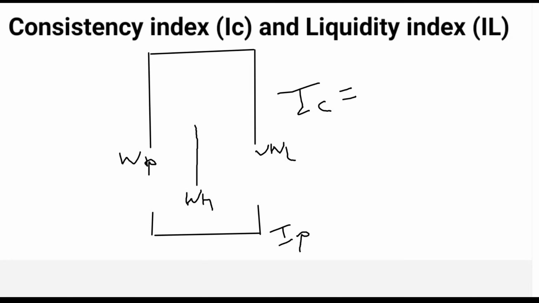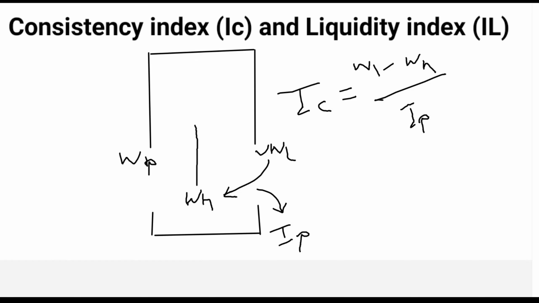From the liquid limit to the natural water content. So it is WL minus W, the natural water content, divided by IP, the plasticity index. This is the formula for IC: WL minus natural water content divided by IP.